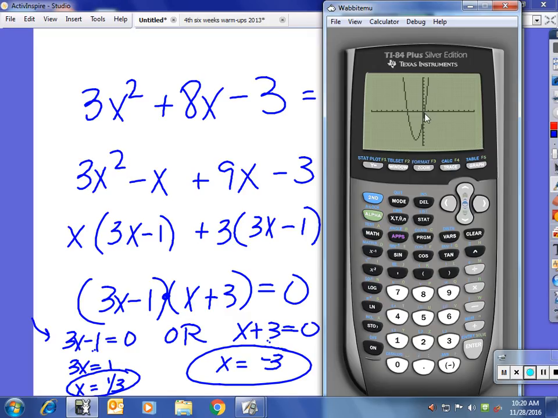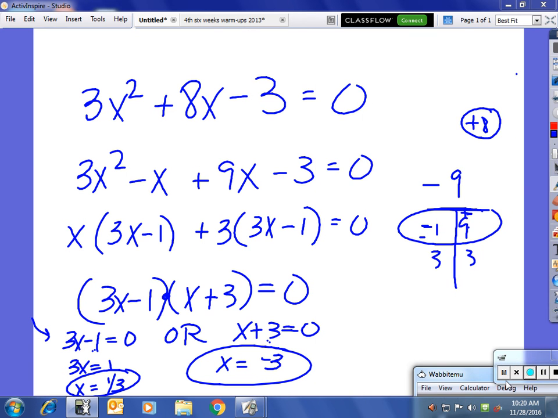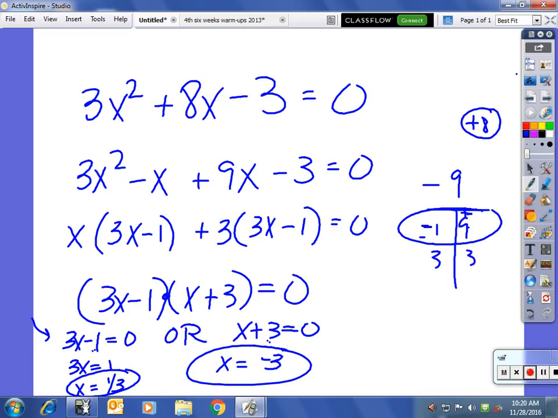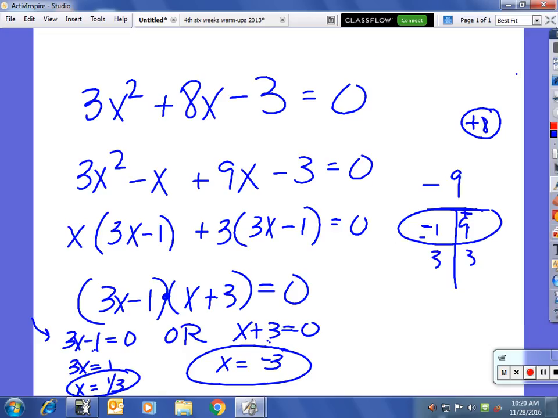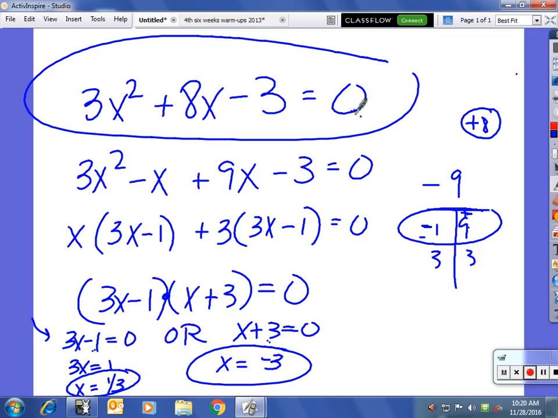And then the other one is somewhere between 0 and 1 at 1/3. That looks reasonable to me as well. Okay, the y value is 0. We're trying to find what x number makes this y value equal 0. And there's two x values that work.